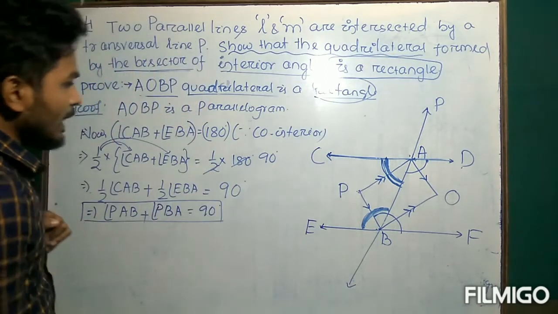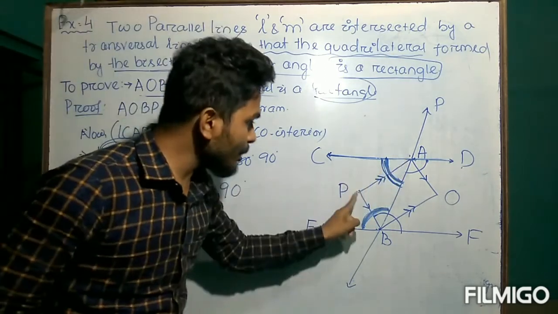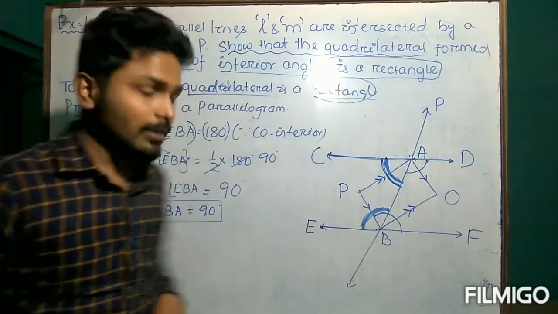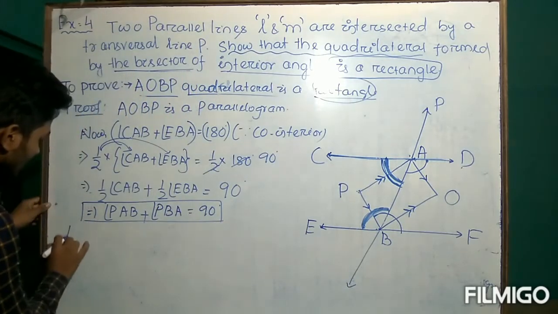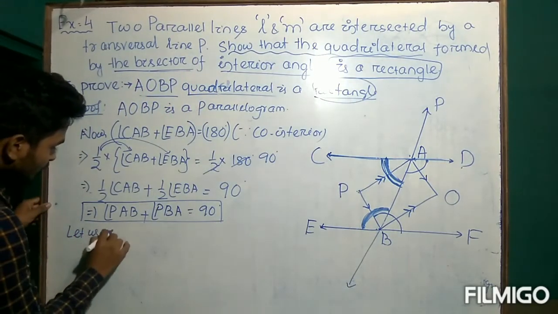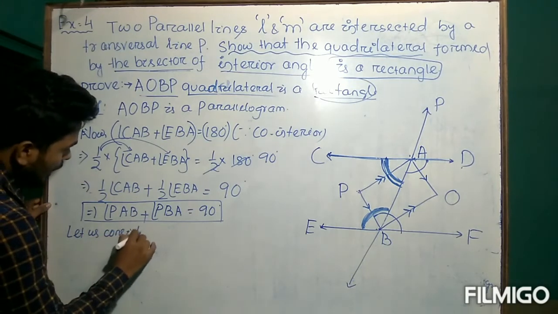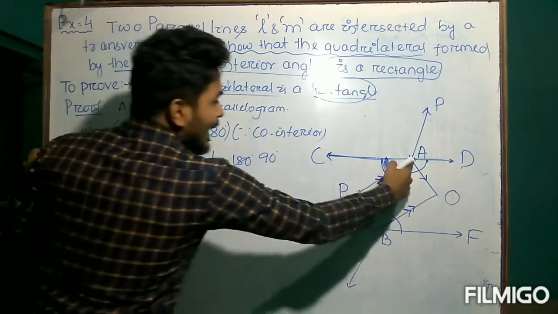Clear? Next we have to consider the triangle APB. So here you can write, let us consider the triangle APB.